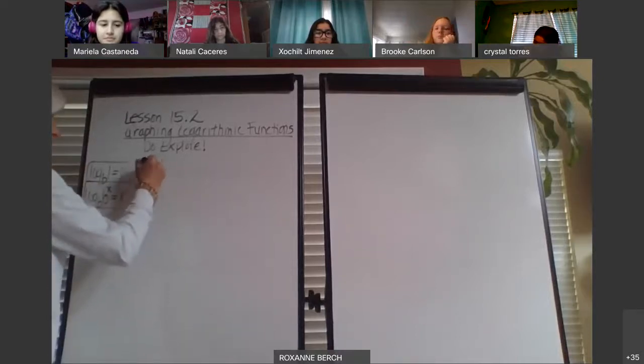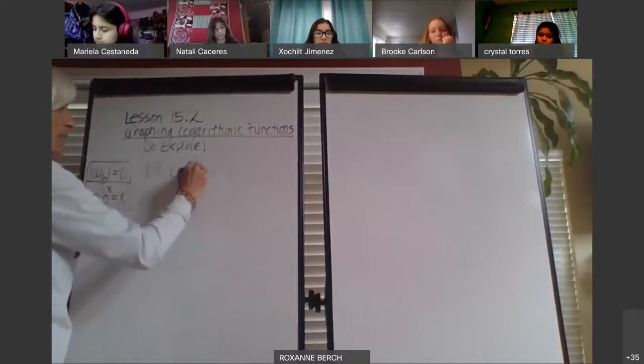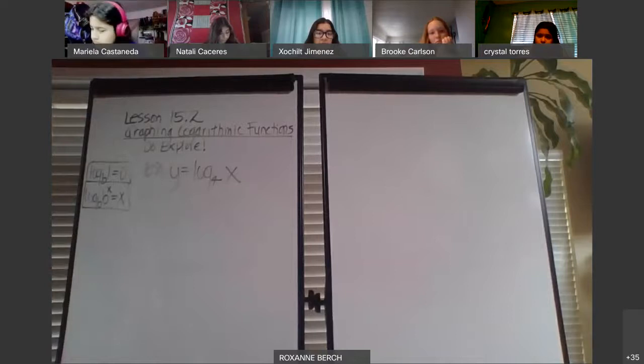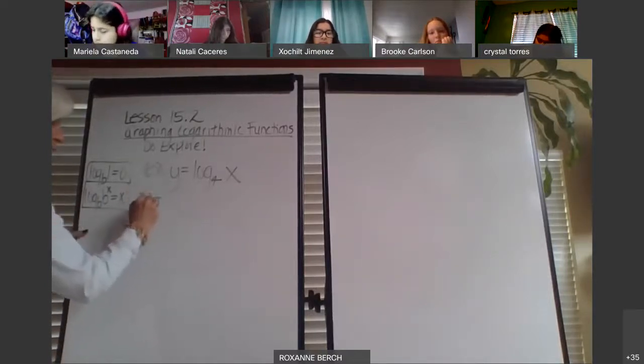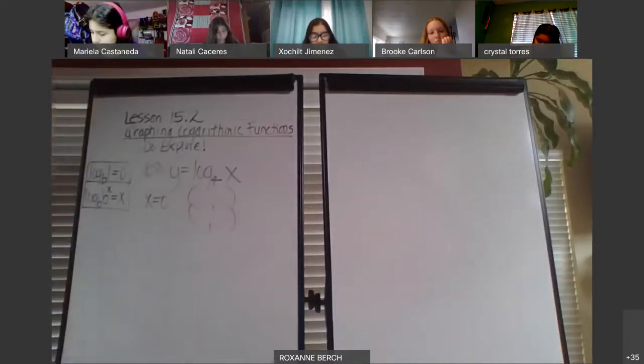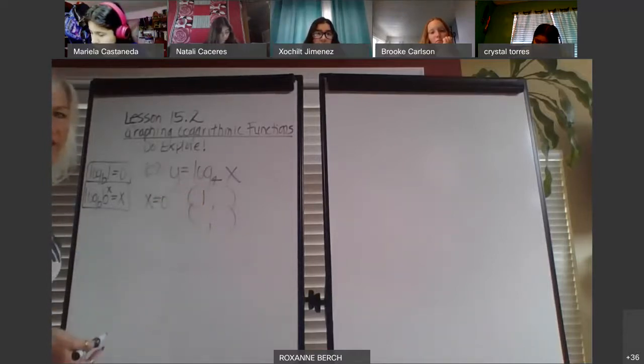So another example would be y is equal to log base 4 of x. It's a parent. So once again, we have a vertical asymptote at x equals 0. And we're going to pick 2 parent points. So what would the 2 parent points be? Well, once again, we like 1 because 0 isn't going to help us out here.